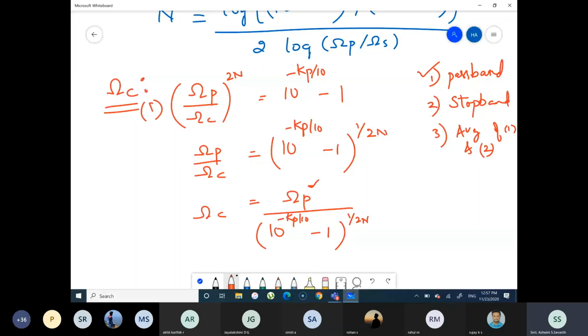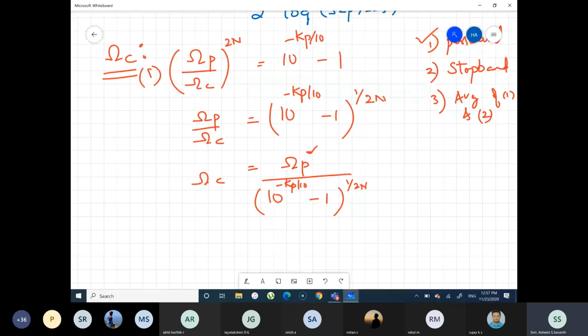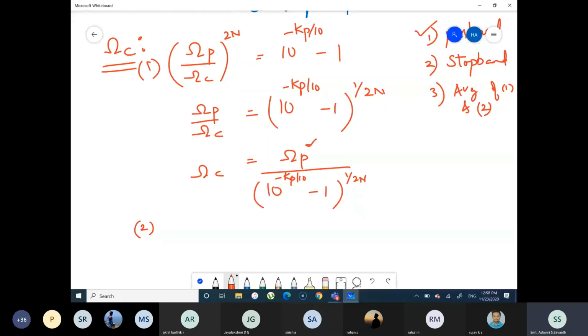Similarly, the second option is to use the stop band requirements. In that we'll have to use equation 3 to calculate omega c. So what is equation 3? Omega s by omega c to the power 2n equals 10 to the power minus ks by 10 minus 1. We'll do the same thing here and write down the expression for omega c.